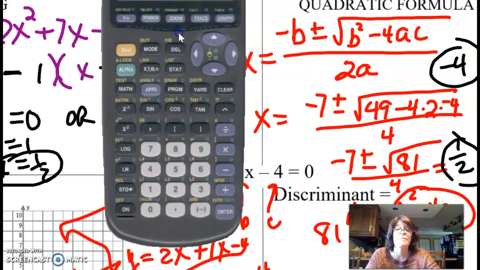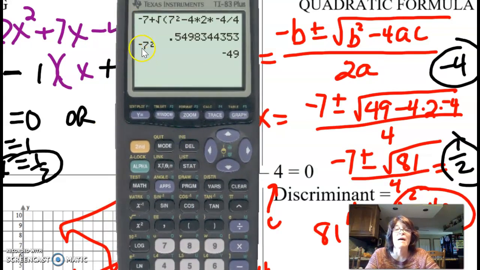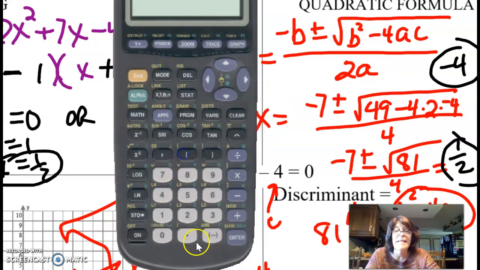If I type in negative 7 squared and I forget the parentheses, then I am going to get negative 49. And no, I didn't mean the opposite of 7 squared. When I say put negative 7 in for b, it's negative 7 in parentheses squared.